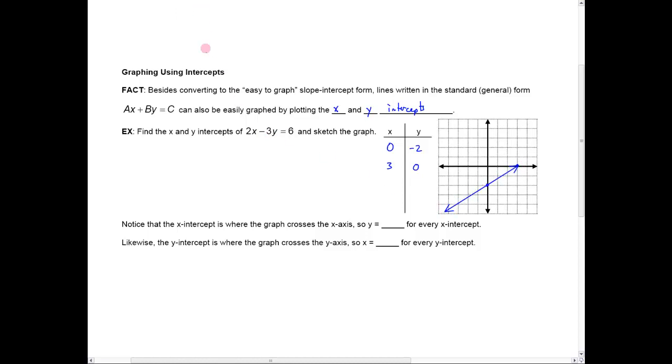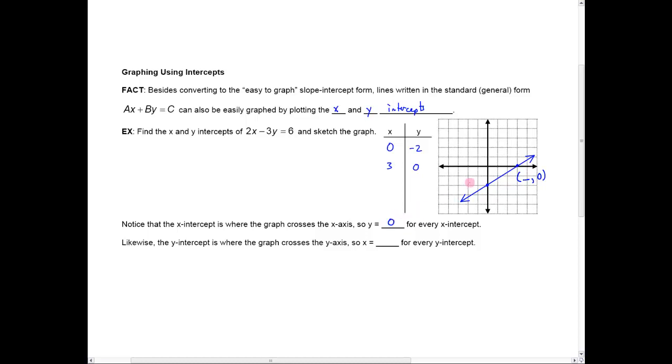Okay? So notice that the x-intercept is always where it crosses the x-axis, and so if you have a line or any graph that crosses the x-axis, even if you don't know the exact x value, in this case we know it's 3, but you certainly know that the y value is 0, right?